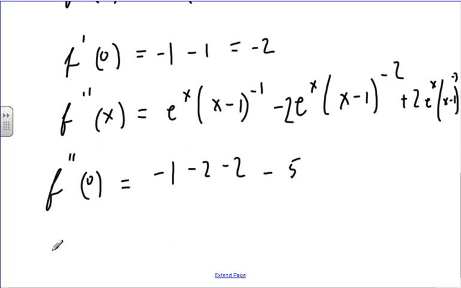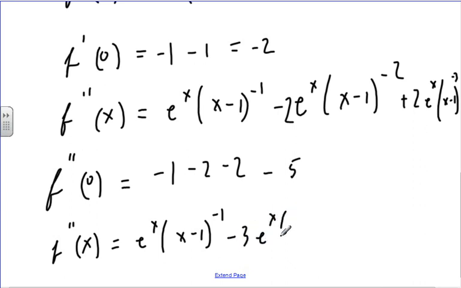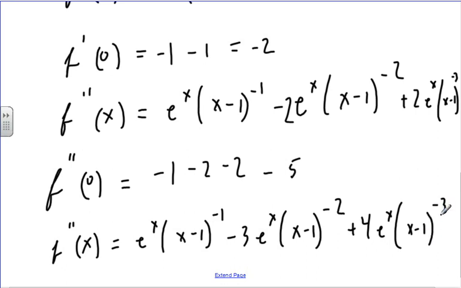I don't know. f triple prime of x: e to the x, x minus 1 to the minus 1, minus 3 e to the x, x minus 1 to the minus 2, plus 2 of them, plus another 2 of them, for e to the x, x minus 1 to the minus 3, minus 6 e to the x, x minus 1 to the minus 4.